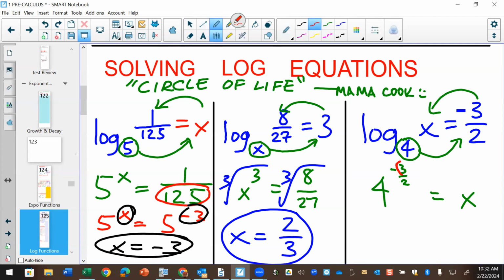The 3 is the power, the 2 is the root, and this negative tells you to flip it. Do them in any order you like, but give me the final answer. All things we've done before. Just seeing if you remember.